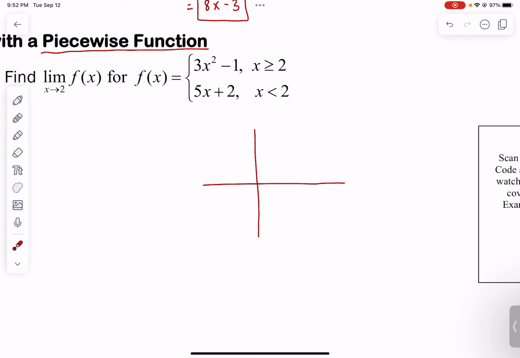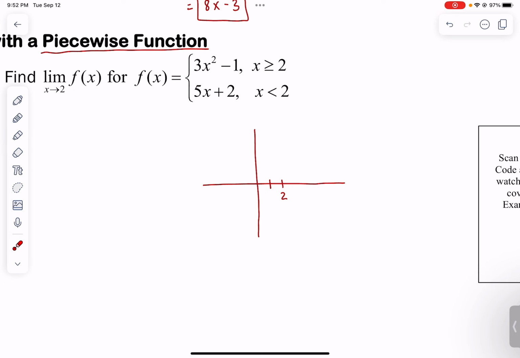And notice that we're focusing on this x value of 2. I'm going to put 1, 2. Remember, we're not going to be real accurate here, but at x equals 2, that's our focus. If you look at this top section, when x is equal to 2 or greater than 2, we are on the graph of a quadratic function.